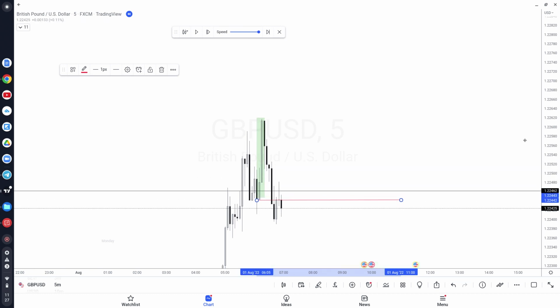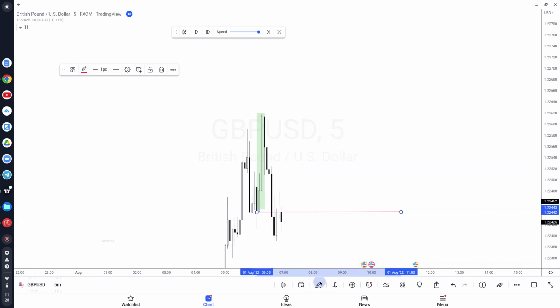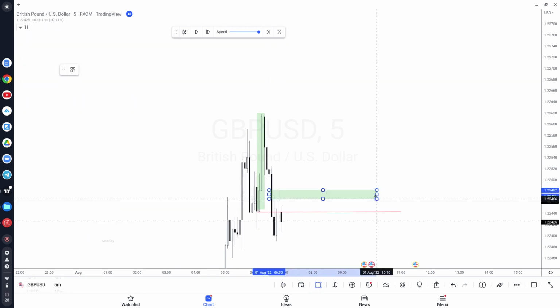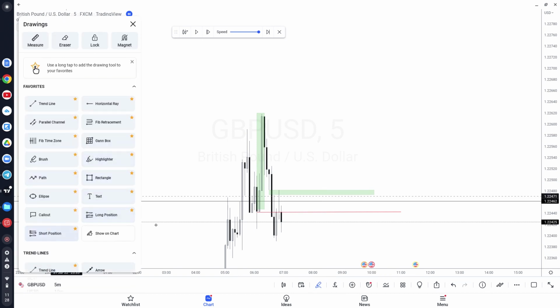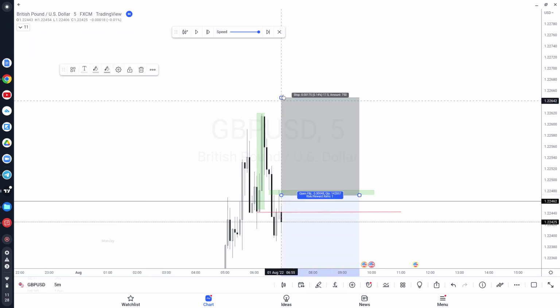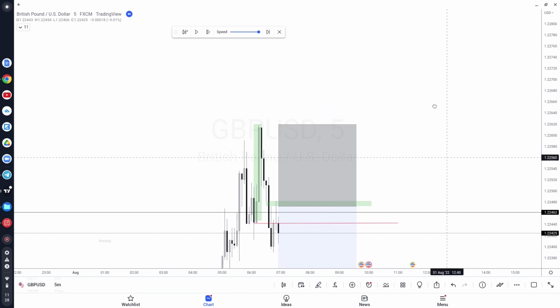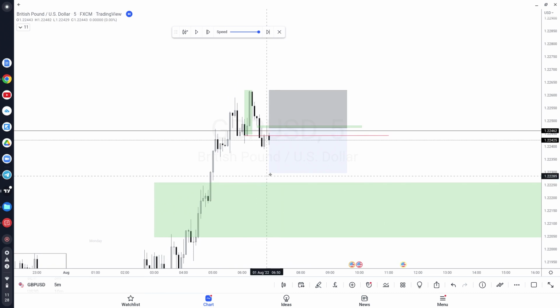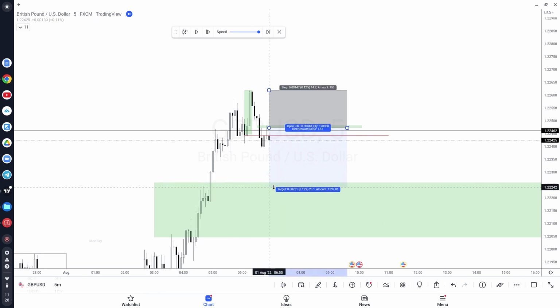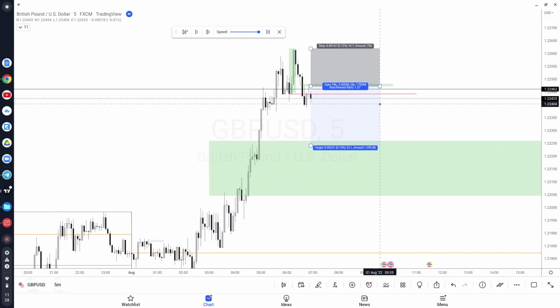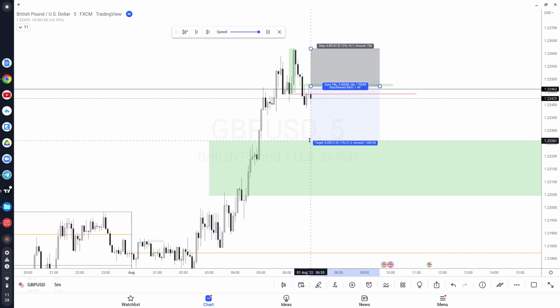And what's key is that we have a fair value gap inside, right here, and then we should be taking shorts from here, stops just above here. And then we understand that price is going to seek this liquidity pool down here, right? So you could target that low, or even possibly target that low.